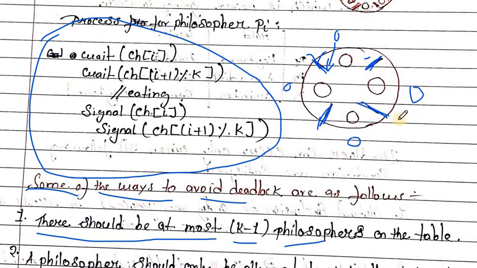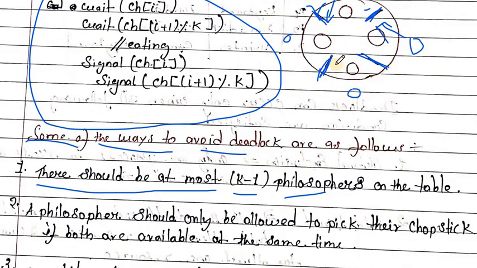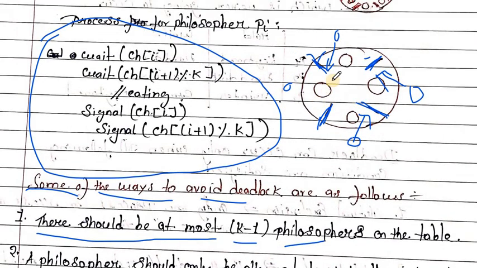Now for this philosopher, two chopsticks are available, so he can pick them. Here too both chopsticks are available, so he can pick them. But in the case of the fourth one, only one option is available, so he can't pick any chopstick.